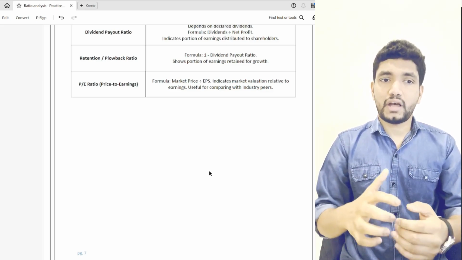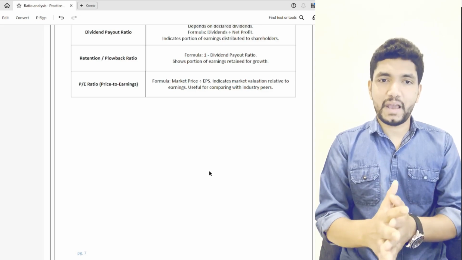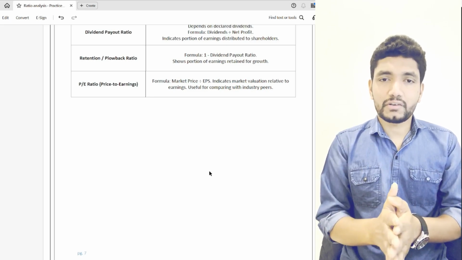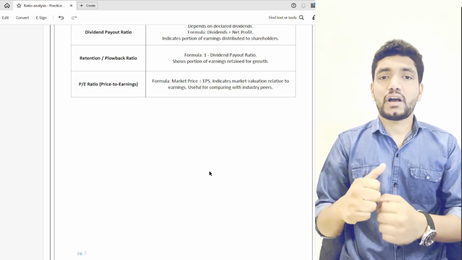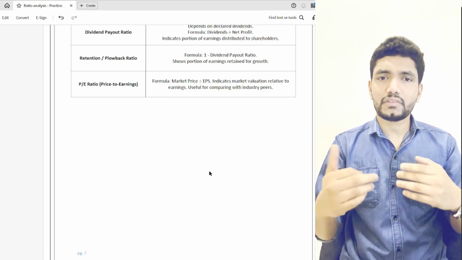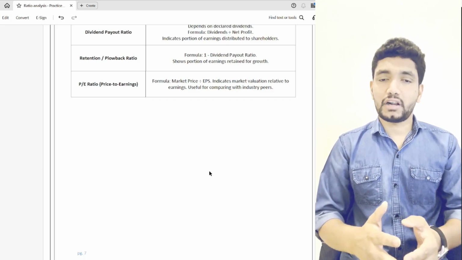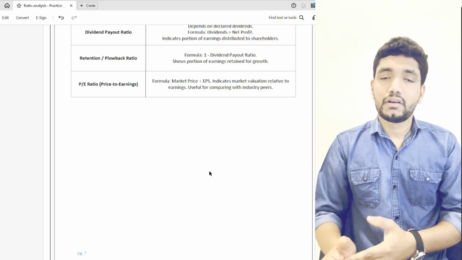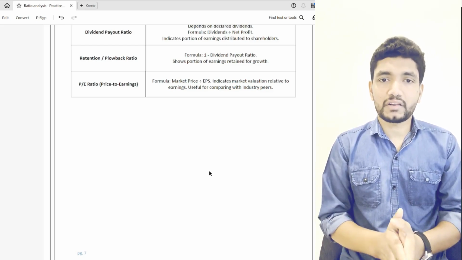The activity ratio is how the operational efficiency is managed by the company, measured by the operating ratios. The profitability ratio is how profitable this business is, how we are managing the cost, how we are generating the return. These are all measured by the profitability ratios.